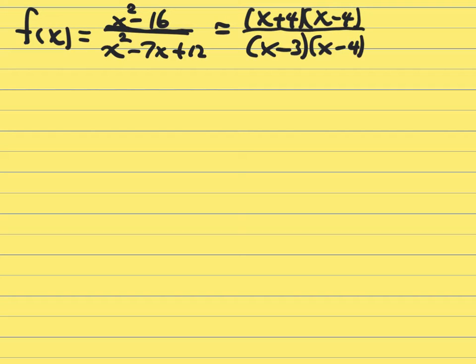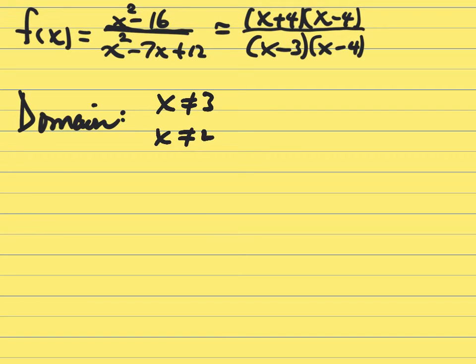Now your domain. What values of x create 0 in the denominator? That's right, we don't want a 3, and we don't want a 4 either.